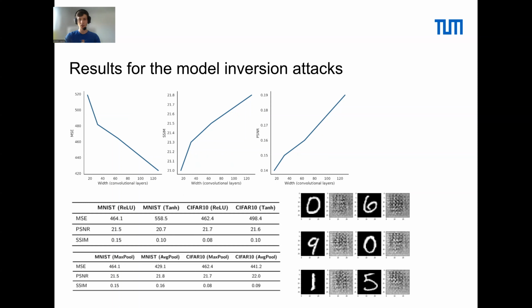As you can see on the bottom left, there are different variations based on which activation functions you use and which pooling layers you deploy as well. For this specific attack, we found tanh to be detrimental to the attacker, and we found that max pool is also detrimental to the results of the attack.